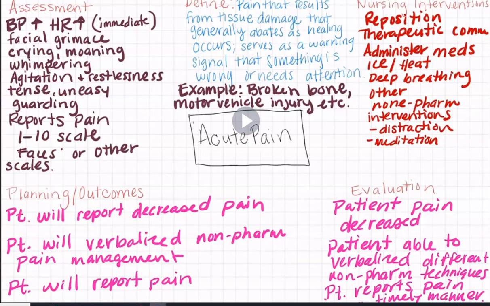Well, if you change this to chronic pain, which will be on another video, you'll see that the interventions might be a little bit different, but there are some similarities. And know that chronic pain typically means it lasts longer than 3 months. And so this is just a good way to organize how to treat a patient with pain.